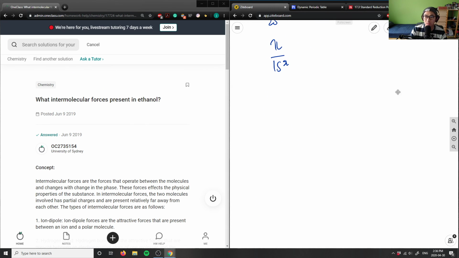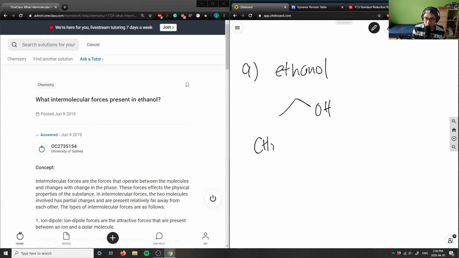Number 8. So this is number 9. It's asking us what intermolecular forces are present in ethanol. So ethanol, I'm going to draw ethanol a couple of times here. A line diagram of ethanol is given, or you can write basically this is CH3CH2OH, right?